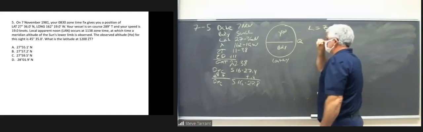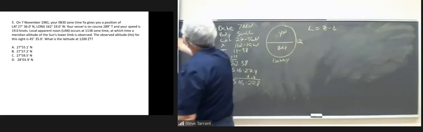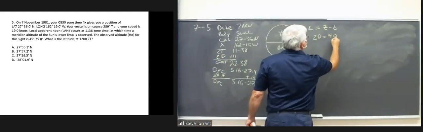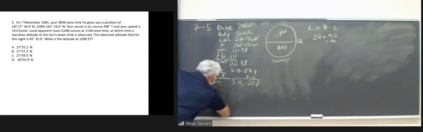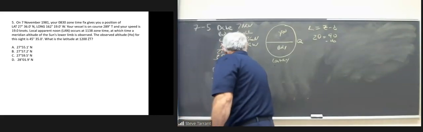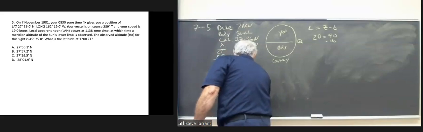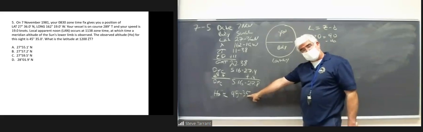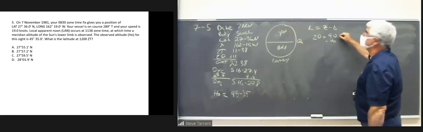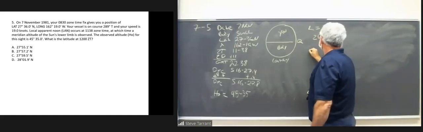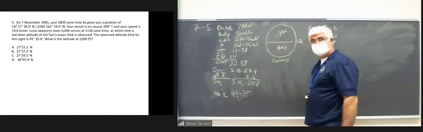Okay, and they also gave us an HO in the problem. Remember that ZD is 90 minus HO. So what HO did they give us in the problem? 45 35? Okay. I've got to subtract that from 90. So, ready? Here's how I'm going to do that. How are you guys going to do that? I'm going to do this, 90. But I know I'm going to have to be subtracting some little pieces here.